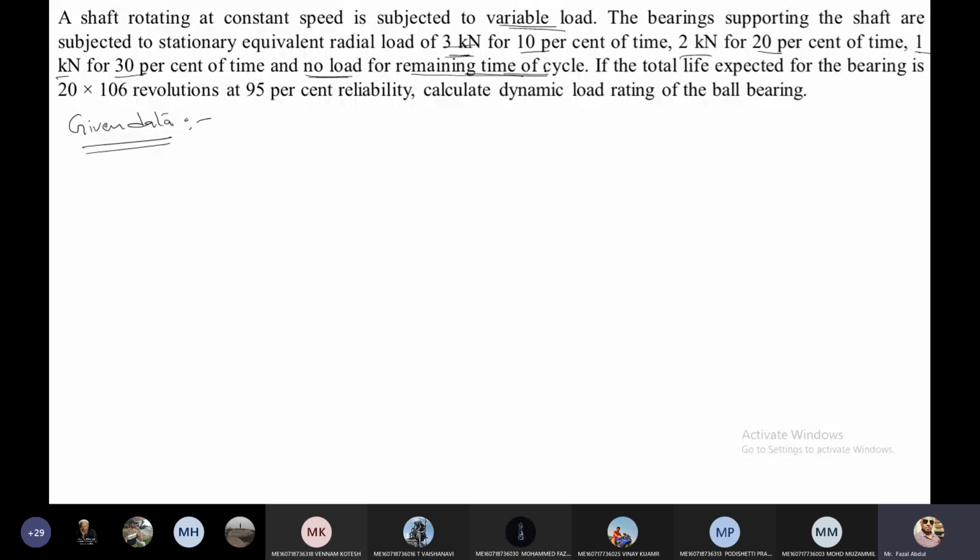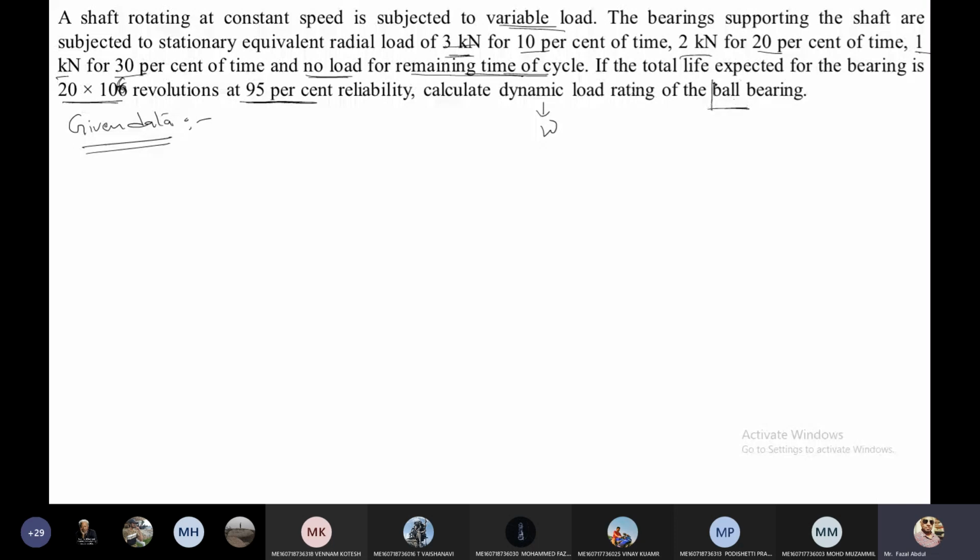How much is the remaining time? That is, and if the total life expected for the bearing is L, given as 20 into 10 to the power of 6 revolutions at 95% reliability. Calculate the dynamic load rating, that is capital W, for the ball bearing.